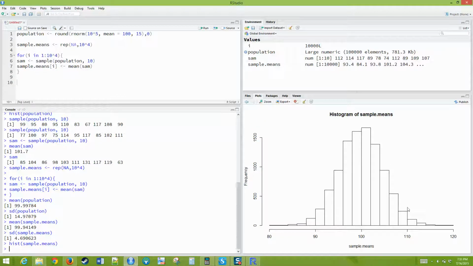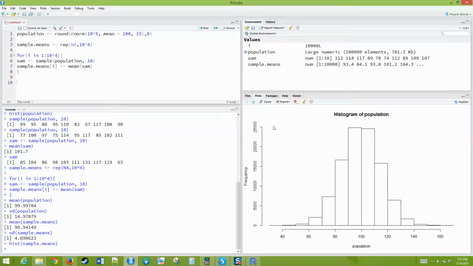But now, now that we're taking samples of 10 people, what would have to happen in order for that average to be 140? Then that means all 10 people that have been randomly selected need to have an average of 140.